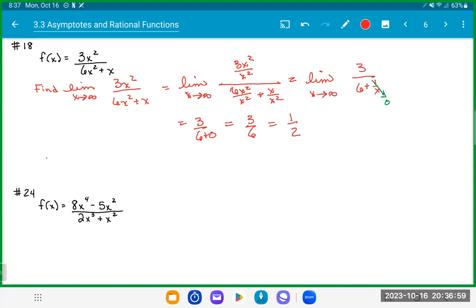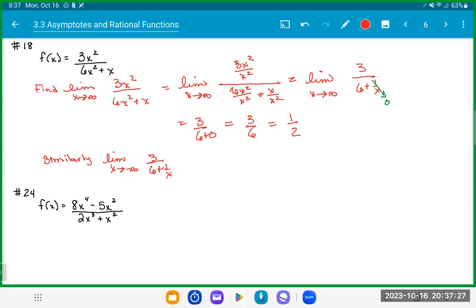Similarly, we have to do the limit as x approaches negative infinity. We can go to that simplified version already, and this is going to be 3 over 6 plus 1 over x.